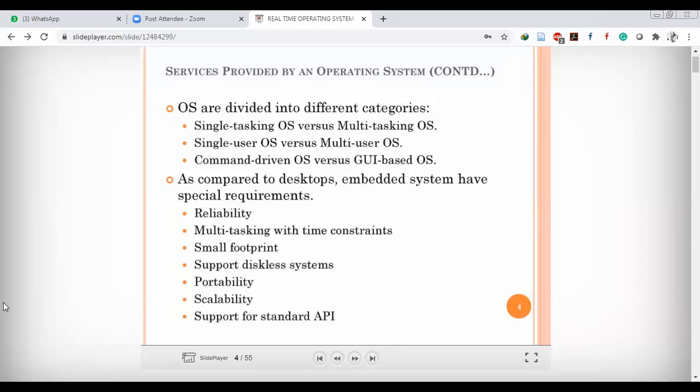Of course, pen drives and hard disks carry bulk information, but we are always interested in carrying the information without any electronic or mechanical devices. That is called support, and the embedded system must support diskless systems, portability, scalability, and support for standard API. These are the common features we are expecting from the operating system.